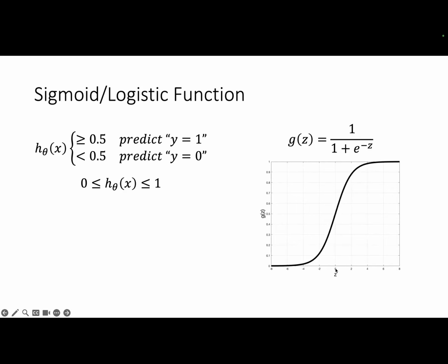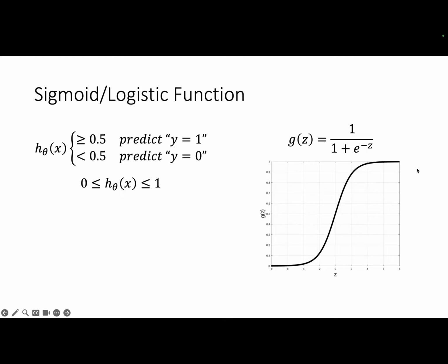Note that when z equals 0, the sigmoid function is 0.5. When z equals 0, exponential of 0 is obviously 1, so it's 1 over 2, so it's 0.5 here. And when z is at negative 4, g is already at 0, and when z is positive 4, we can say g is already at 1.